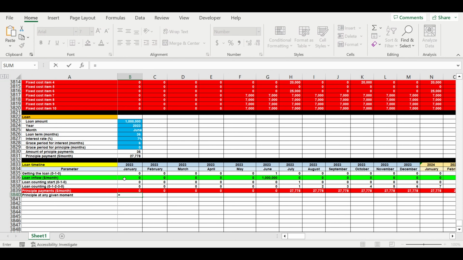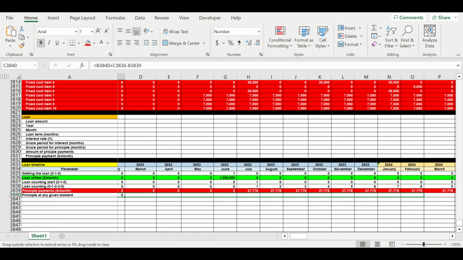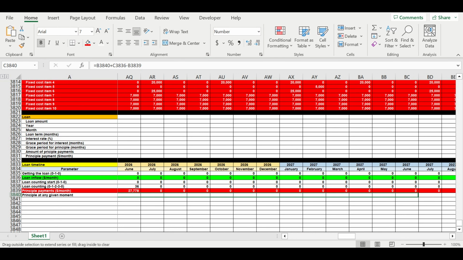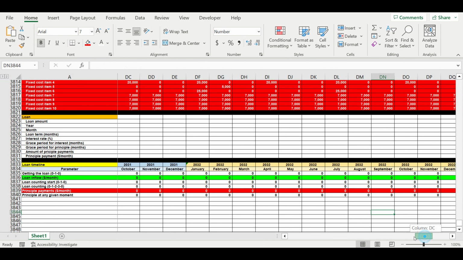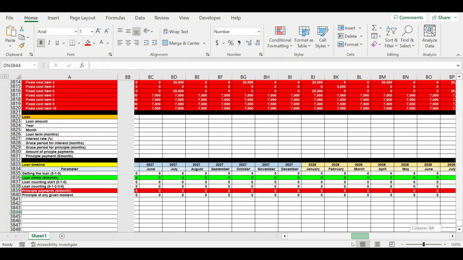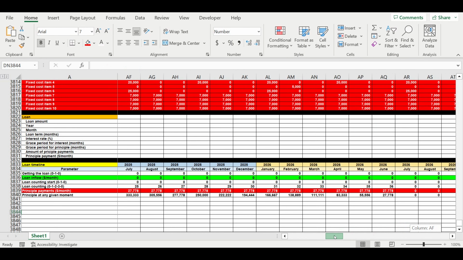For the first month this will look like this. For the next month it will be the previous value plus inflow minus principal payment. Here we can see that at the end of our loan, the principal is over.